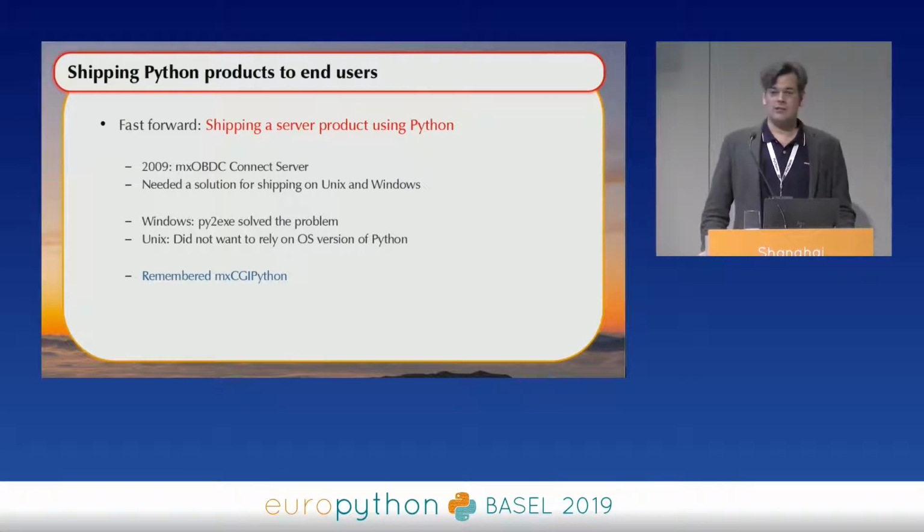So I needed something that had basically a stock configuration, something where I knew exactly what kind of Python to expect. And so I remembered that I had this MX CGI Python project, and I then revived it and turned it into a bit more than just a single executable.